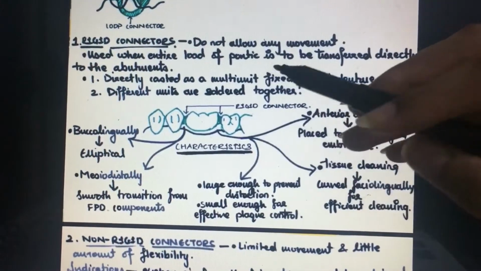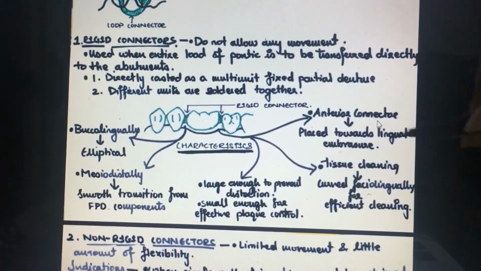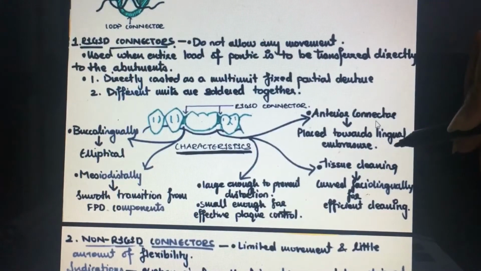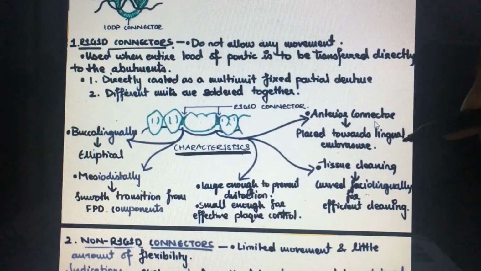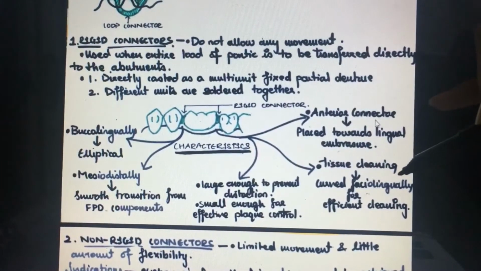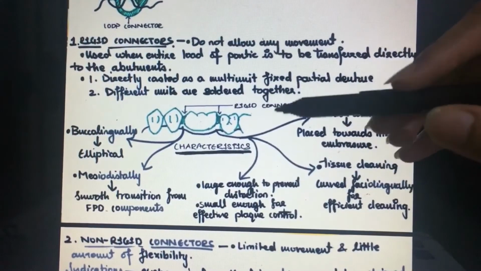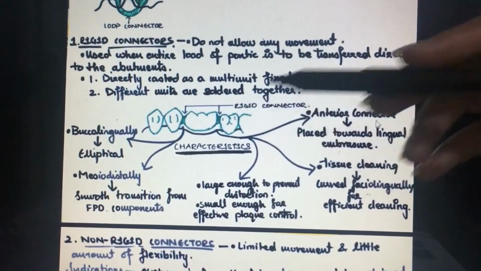If it is an anterior fixed partial denture, then the connectors are placed on the lingual aspect or in the lingual embrasure. Then the next point is tissue cleaning. For tissue cleaning, the facial lingual surface is curved for sufficient cleaning of the fixed partial denture.